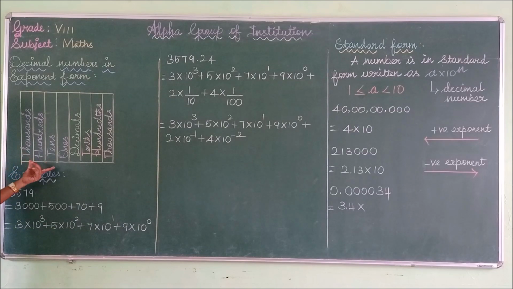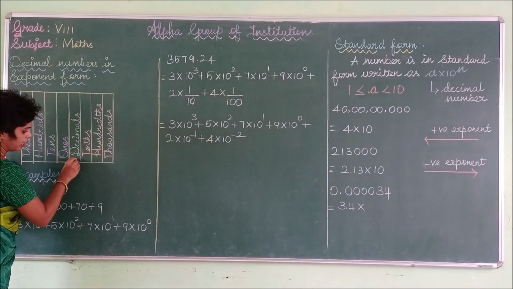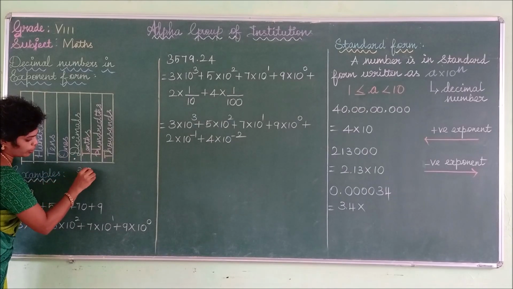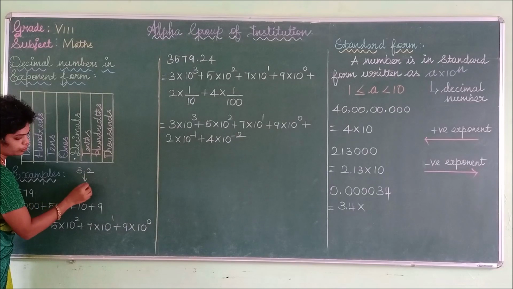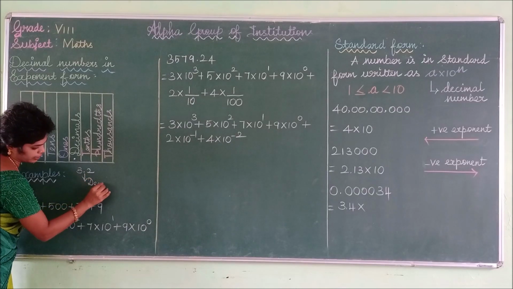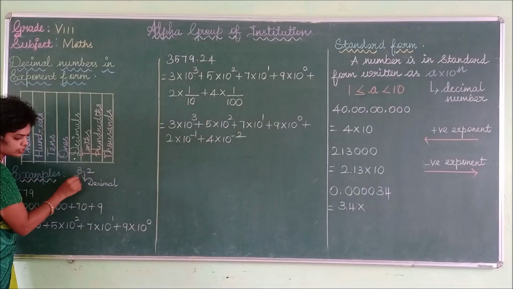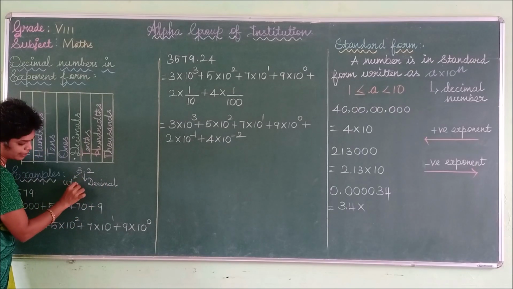Using this we have to write the exponent form. Decimal numbers means we have that dot value. For example 3.2. This is called a decimal point. This 3 is called a whole part.